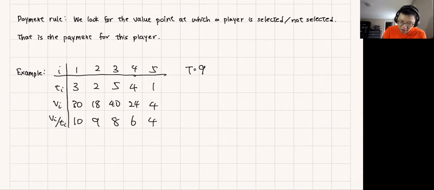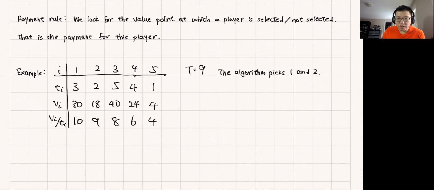So in this case, the algorithm will pick 1 and 2. I guess we should also say that it doesn't pick 3, but looking at the value of this, which is 40, it's less than or equal to 30 plus 18, so it will stop there.